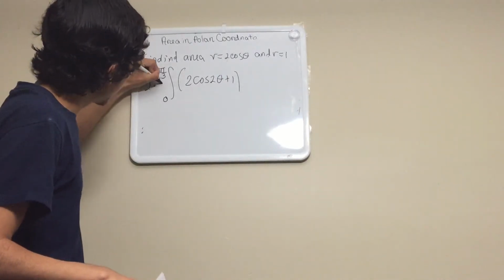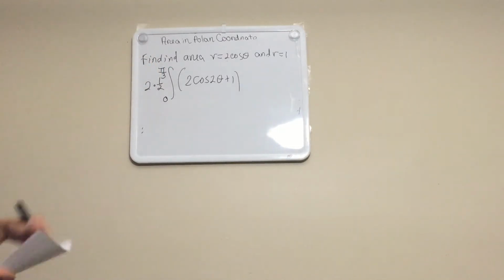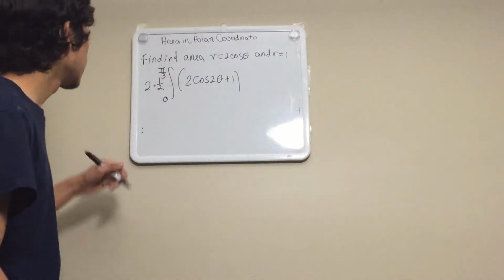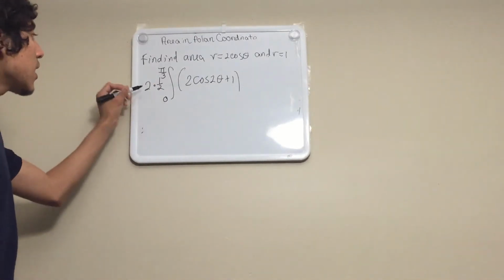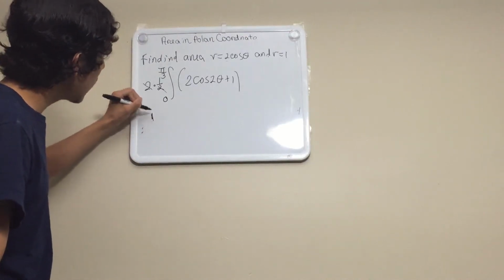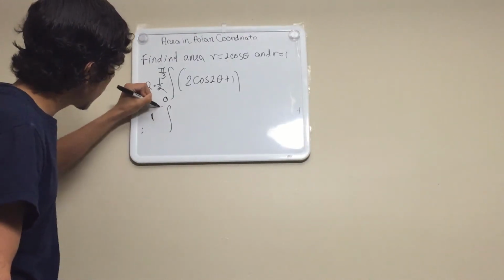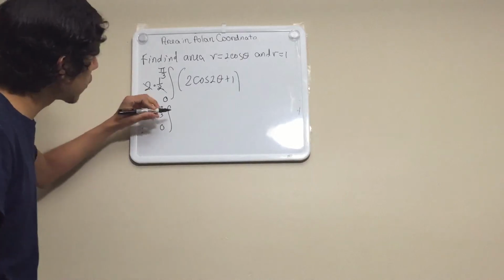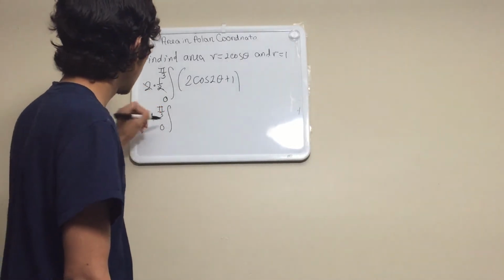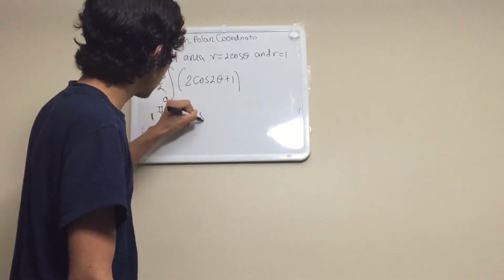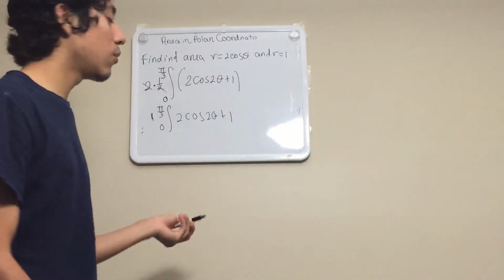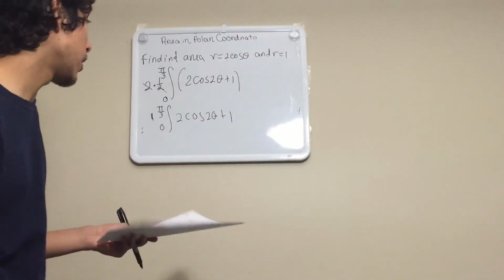We had the 1/2 right there because of our formula, and this is already squared like I showed. Since it's two sides, this 2 and that 2 cancel, so we have 1, from 0 to pi over 3. Now we rewrite cosine 2 theta plus 1, and we can start integrating.